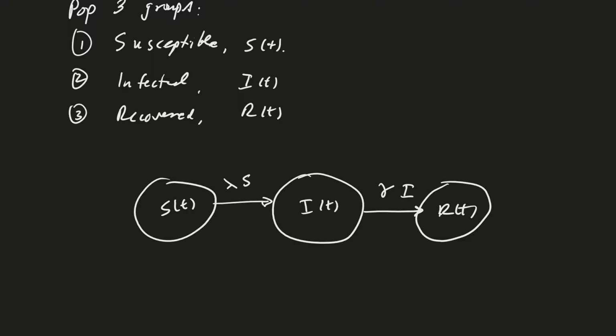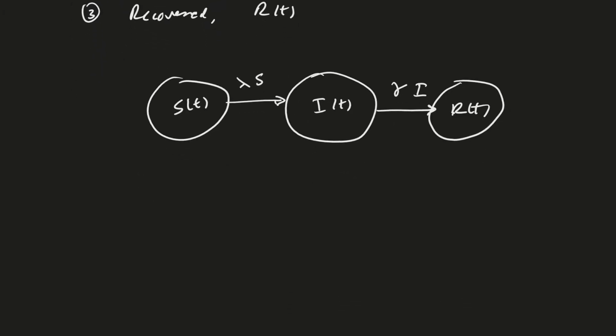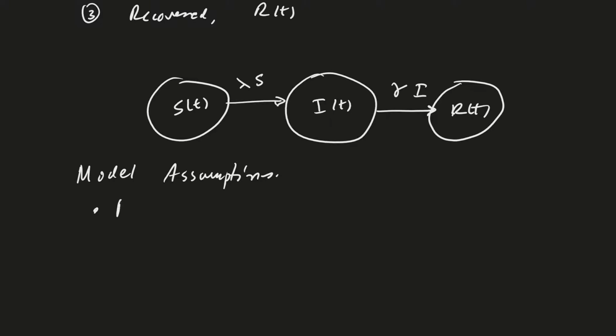So what we were saying before is that the population has to be one of these three things, and so therefore some of our model assumptions will be that the population is large and constant.